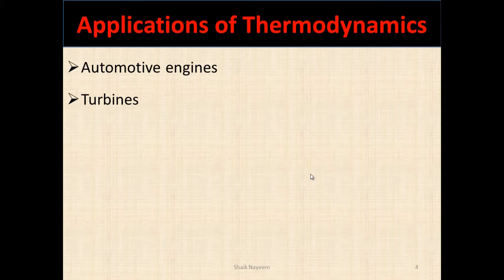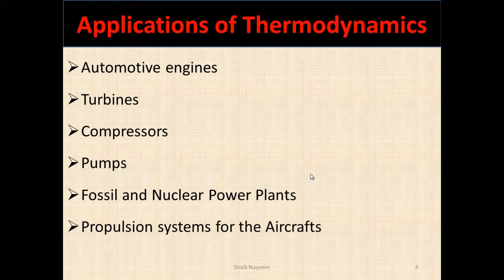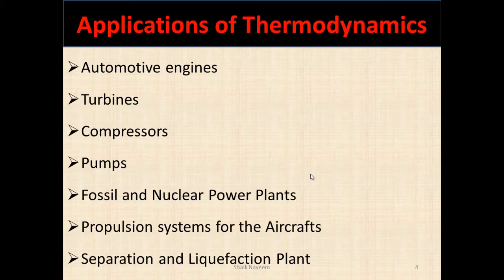Then coming to the turbines, we have steam turbines and gas turbines, and in those areas also these principles are used. Then compressors, which can be used in a steam power plant or gas turbine power plant and in some other applications, use these principles too. Then pumps, fossil and nuclear power plants, propulsion systems for aircraft and rockets, and separation and liquefaction plants.